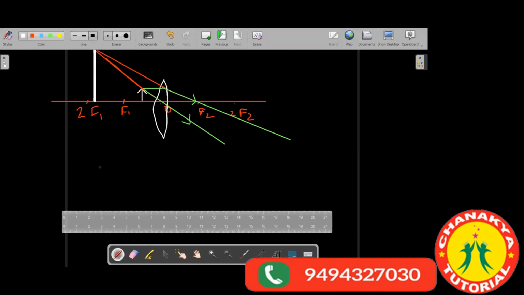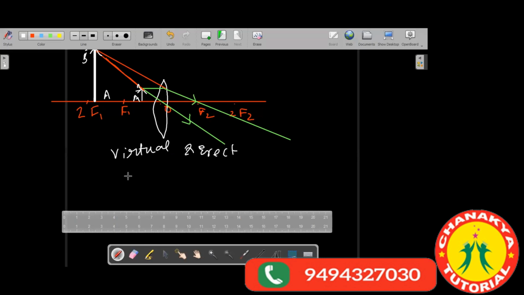And it can be formed anywhere behind this F. So behind focus, the image can be formed anywhere. So we write this as A dash B dash to be the image. Here we have AB to be the object. So we say the characteristics are virtual and erect.